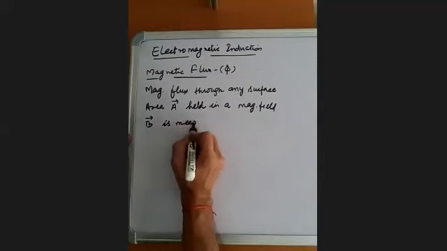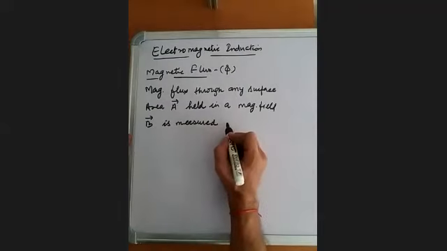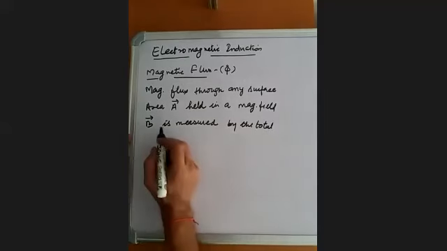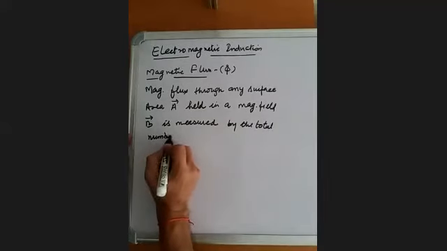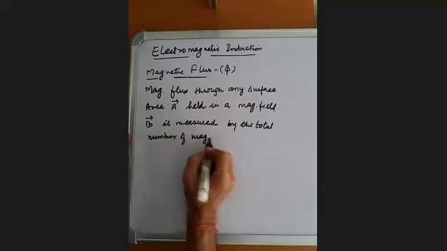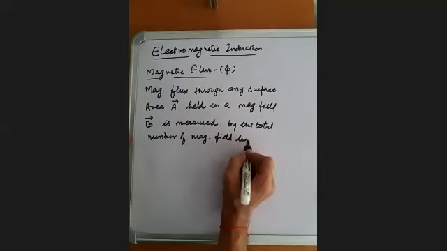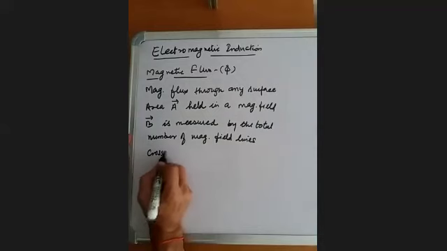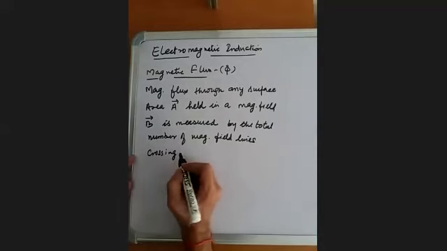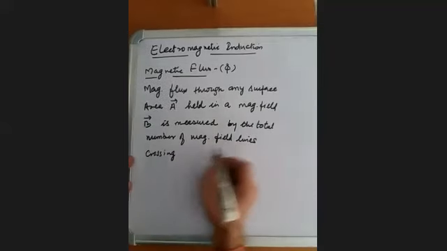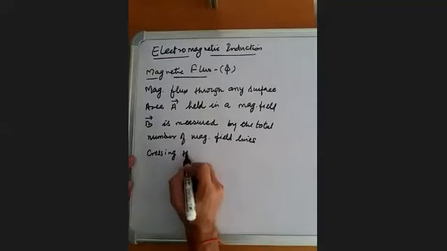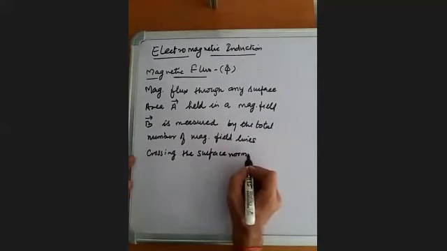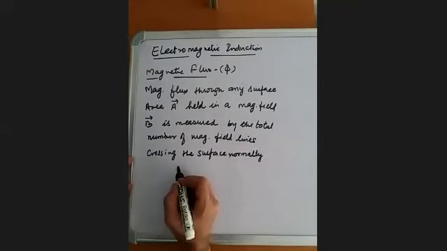It is measured by the total number of magnetic field lines, or magnetic field lines of force, crossing the surface normally. That is the condition, normally.